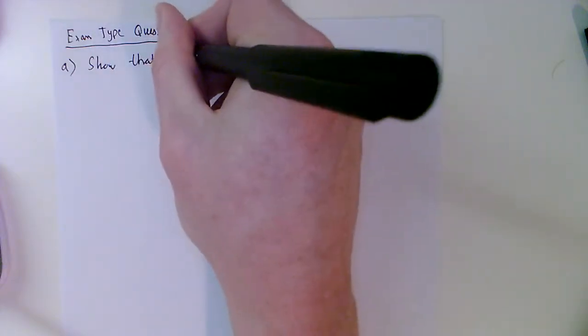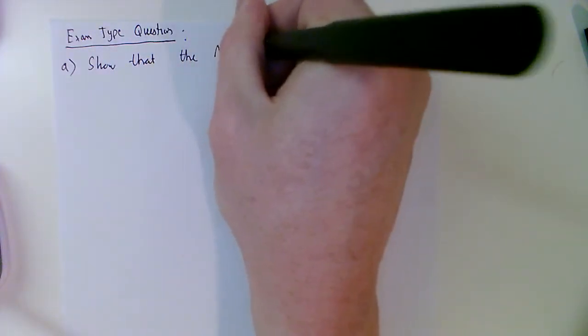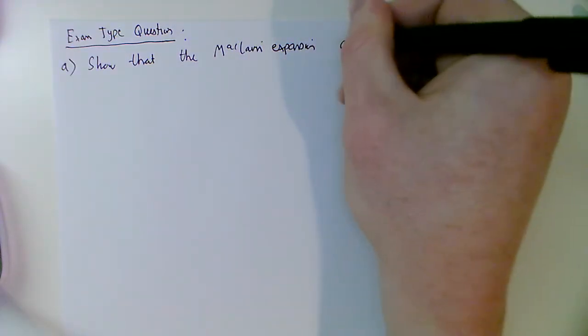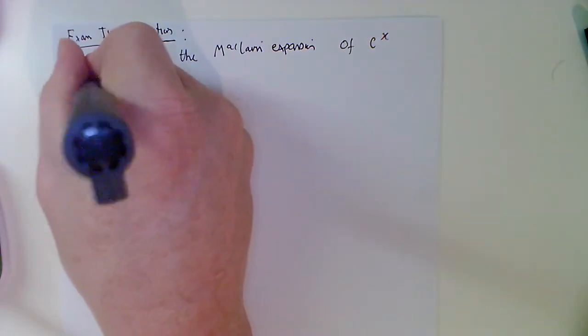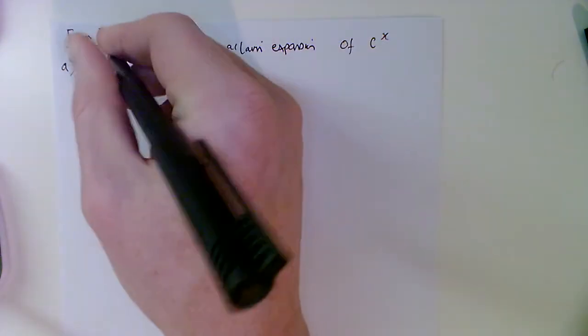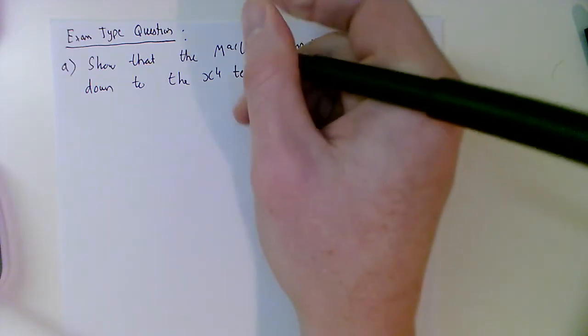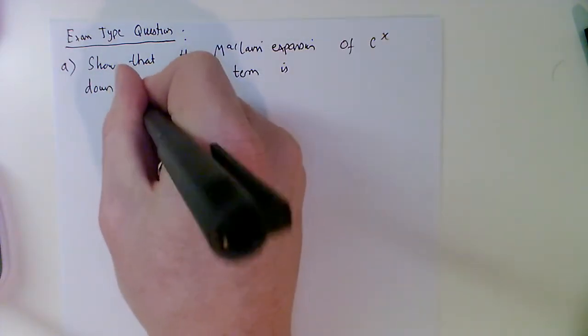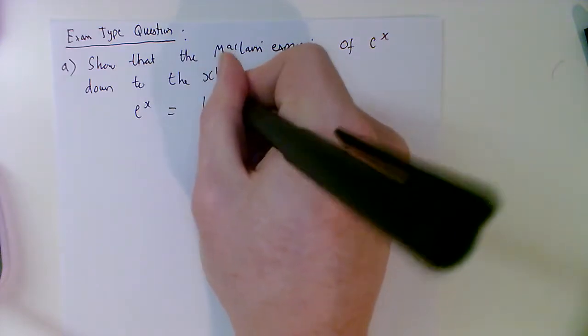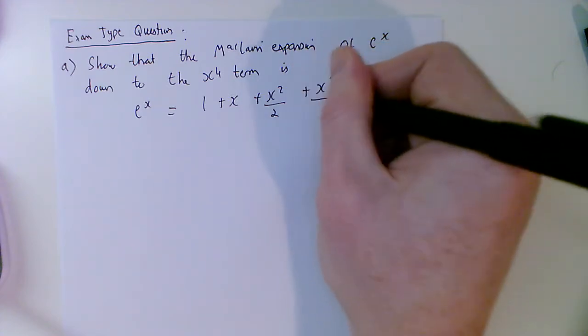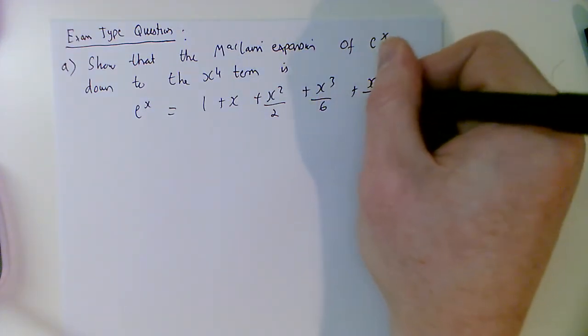Right, so A, show the Maclaurin expansion of e to the power of x down to the x to the power of 4 term as e to the power of x equals 1 plus x squared over 2 plus x cubed over 6 plus x to the power of 4 over 24.